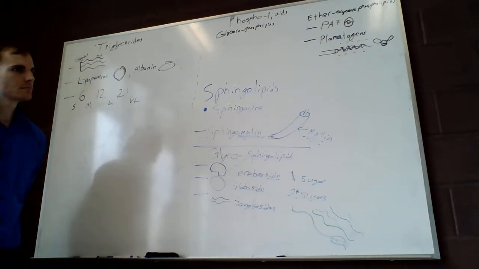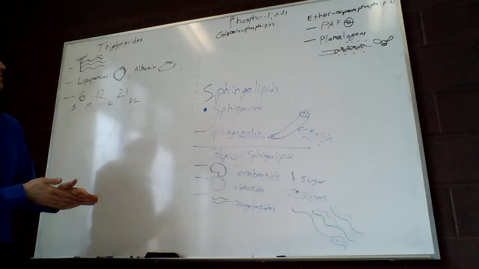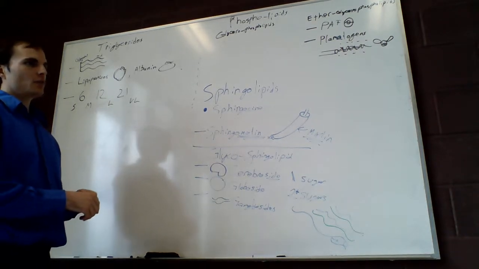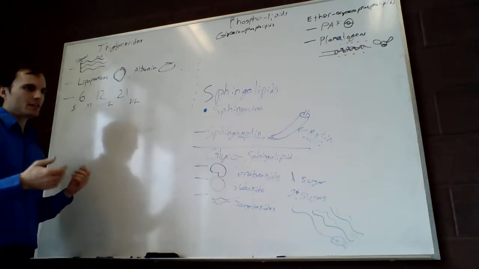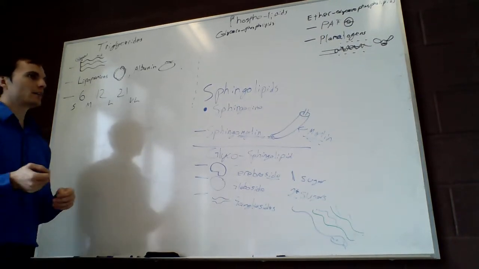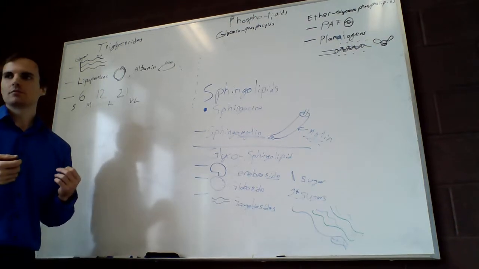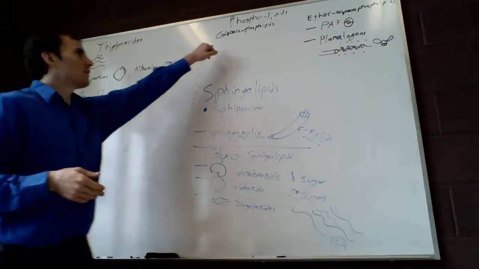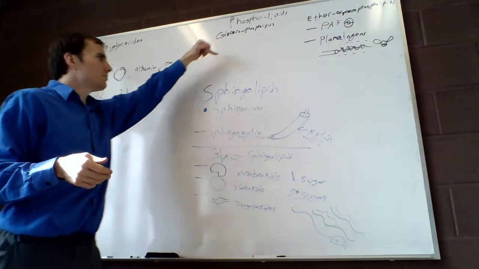What made these groups? Why are each groups different? How are they classified as such? What is a phospholipid overall? So a phospholipid is a lipid that has phosphates, and a glycerophospholipid is one that has glycerol. Okay. So glycerophospholipids have a glycerol backbone.